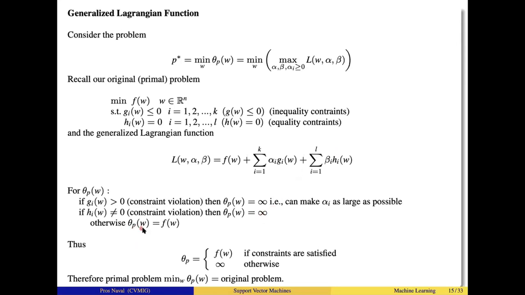Otherwise, theta p is equal to f of w. So again, if the constraints are satisfied, then we have this.